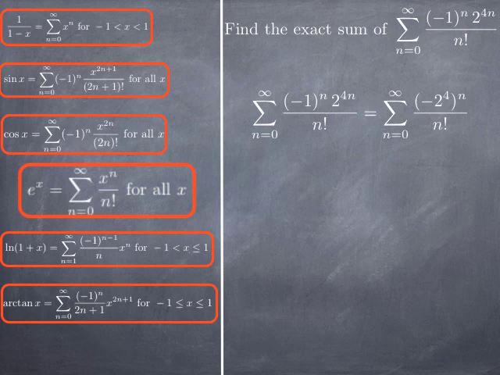And so what we obtain matches the formula for the exponential function. And since the power series representation for e to the x is valid for all x, it is in particular valid for x equal -2 to the 4th. So what we get is e to the power -2 to the 4th, which is -16. So we get e to the -16 for the sum of this series.